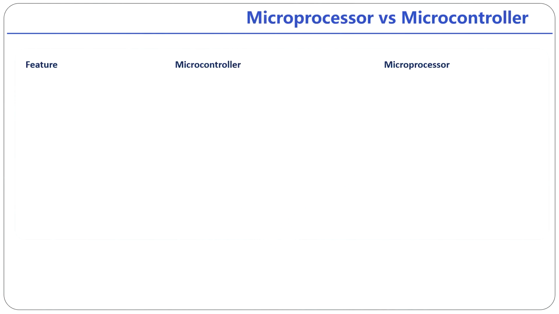Let us see the difference between microprocessor and microcontroller. Integration. As I already mentioned in the previous slide, the microcontroller has CPU, memory, and I/O on the chip.